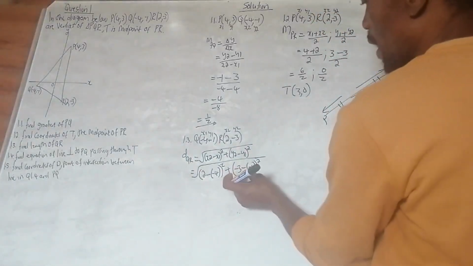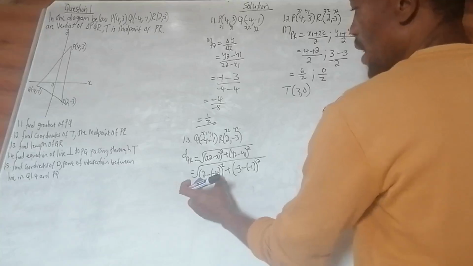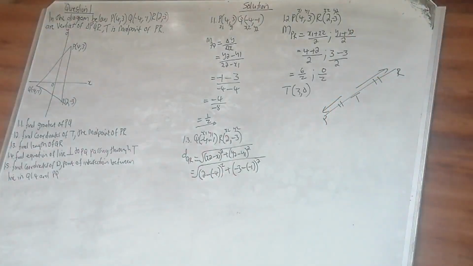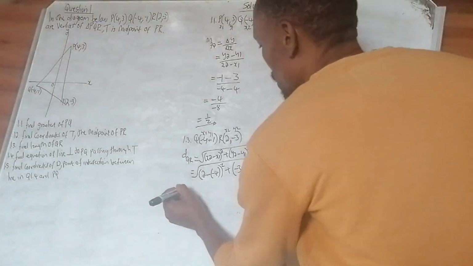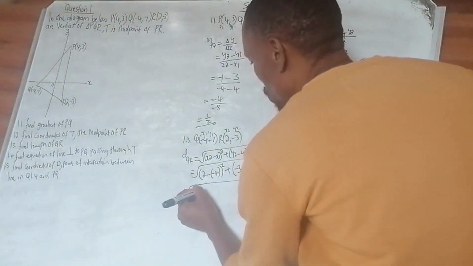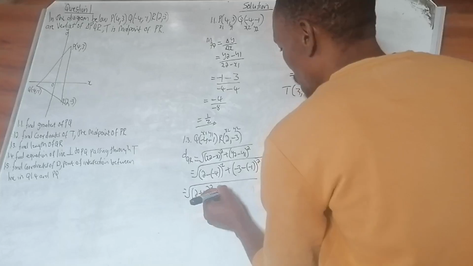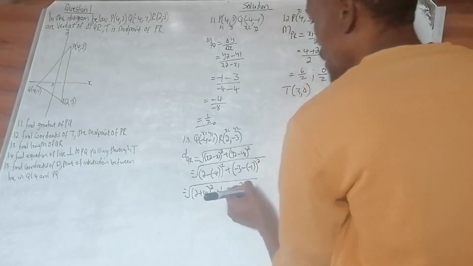So put them in brackets. Be careful. Right, now let us calculate. This becomes 2 plus 4 because negative times negative is a positive. Minus 3 plus 1 squared.